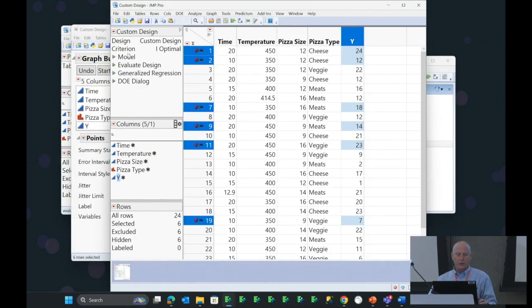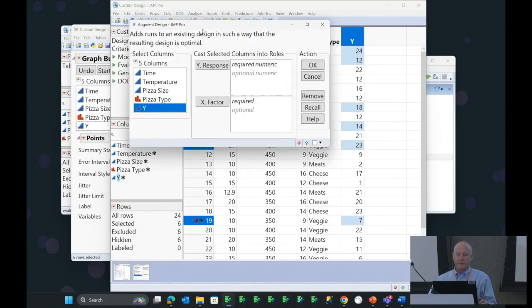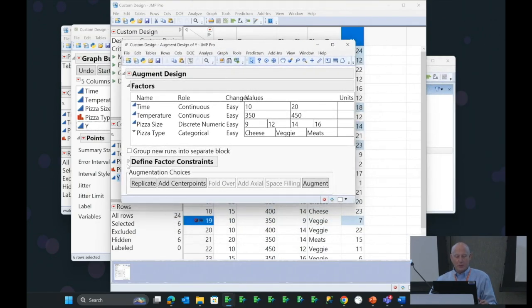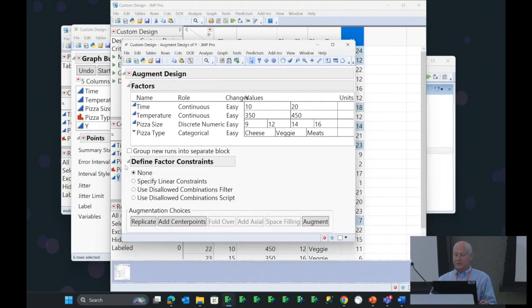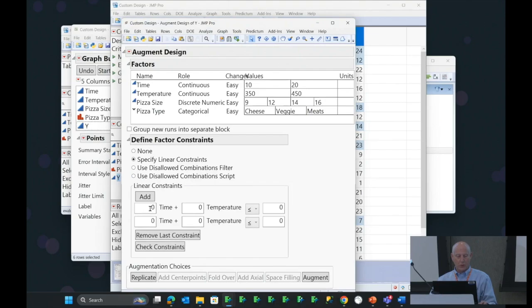So what we're going to do is go to DOE, and in this case we'll pick Augment Design. And so we'll take the factors that worked and keep those. But now when we do the augmentation, we want to add in the constraints. So once again, I'll specify some linear constraints here, and I'm going to add the 2.